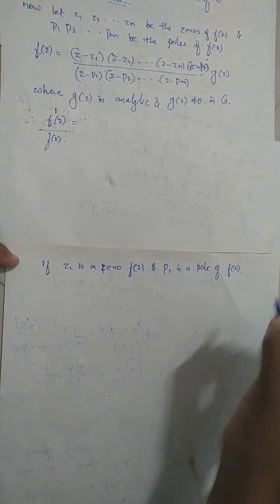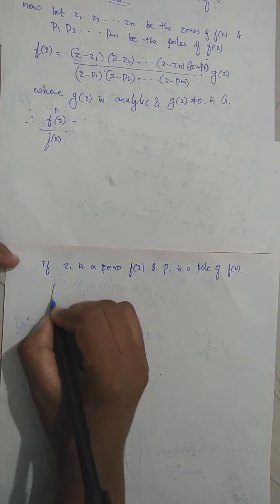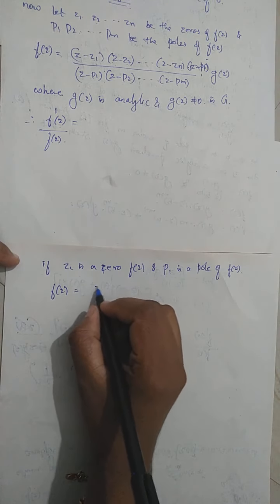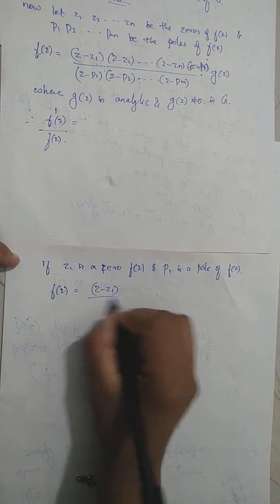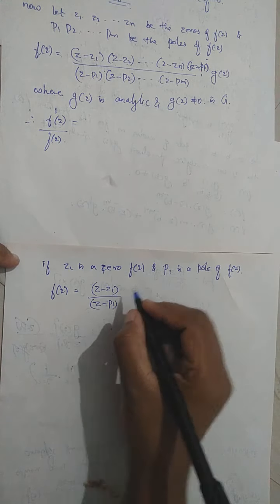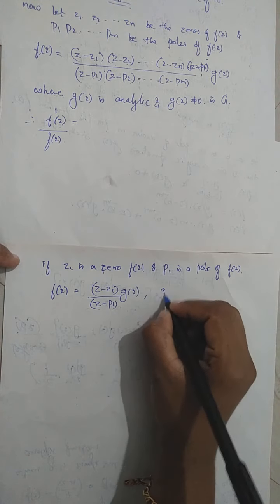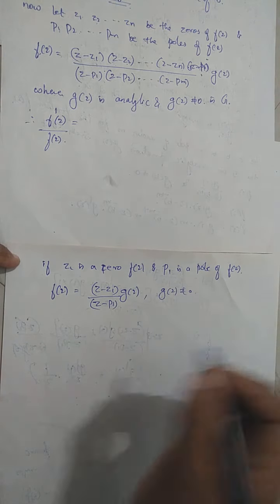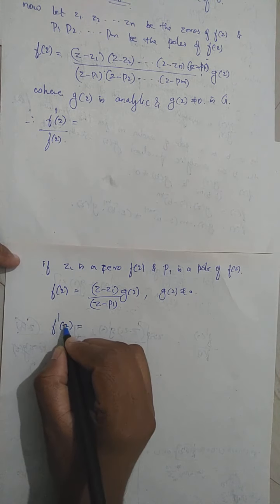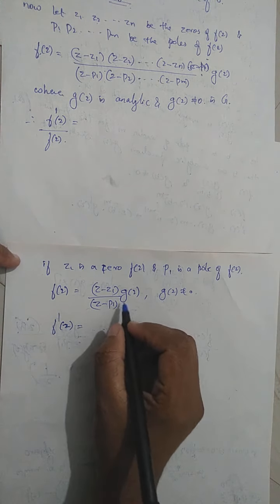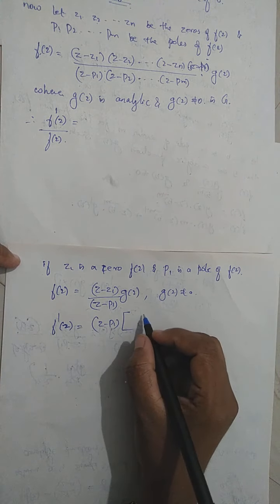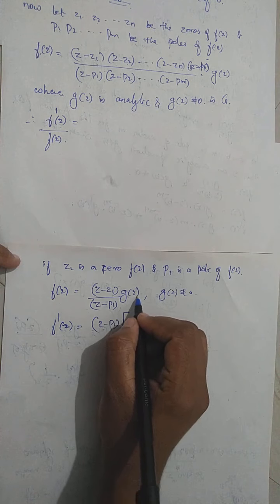Then how can f z be written? Since z1 is a zero, it is z minus z1. Since p1 is a pole, it is the denominator z minus p1, and into g z, where g z is non-zero. Then what will be f dash z? We will use the quotient rule: denominator times derivative of numerator. What is the numerator? z minus z1 into g z.